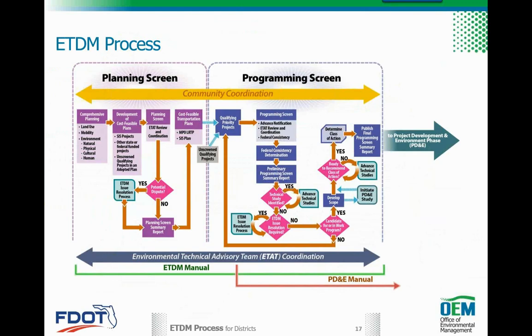Those are the types of qualifying projects that would go through the ETDM process and go through these screening events. But at a planning screen, we're looking at projects that are coming out of either the MPO or the department, looking for things that are either in the outer years or considered to be coming into the cost feasible plans.